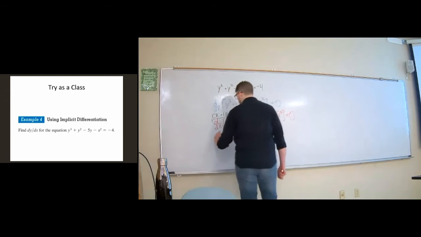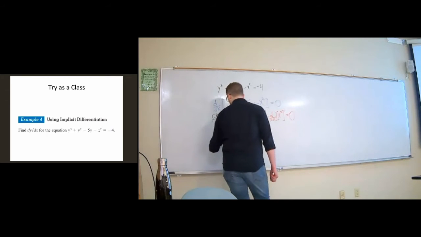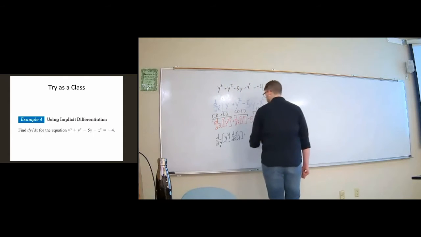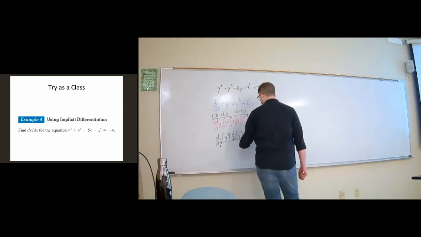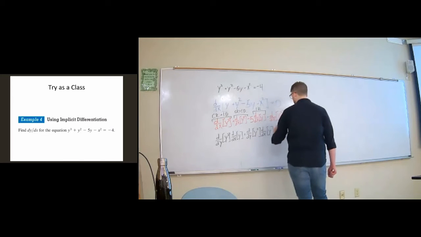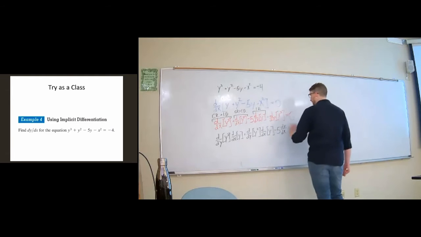So this is going to come out to be d/dy of y cubed times d/dx of y plus d/dy of y squared times d/dx of y minus 5 times dy/dx minus d/dx of x squared, which is just 2x.